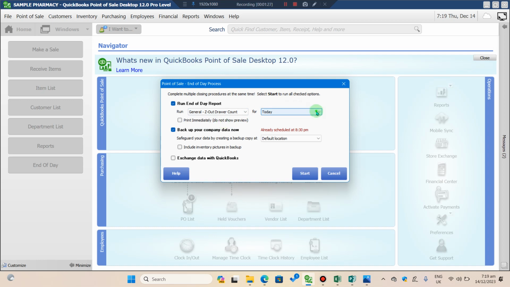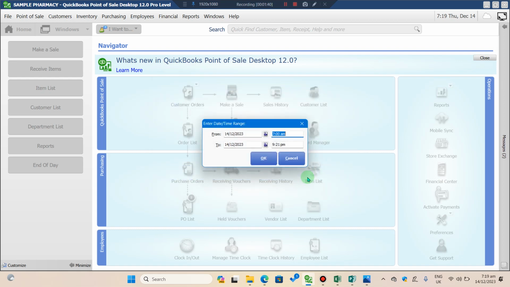Now on here you put today, but for me I will balance it as Zuro, so therefore I'll put on custom so that I should specify. So here you hit start. The date today is 14, so for me I'll put 13, up to 13 here.